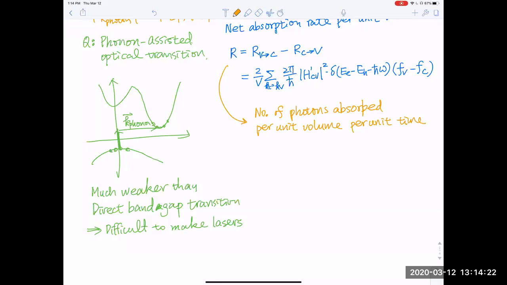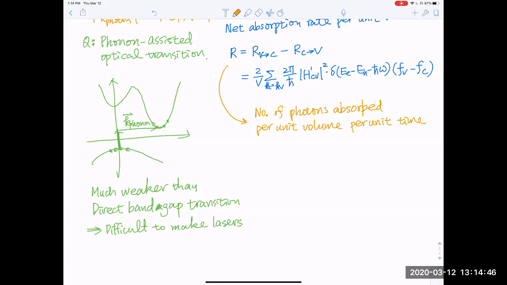Now, this is obviously proportional to the incoming light intensity. If there is stronger intensity, you will observe more transitions. But the absorption coefficient is a quantity that's independent of intensity. That's more a material property, so that's obviously more desirable.